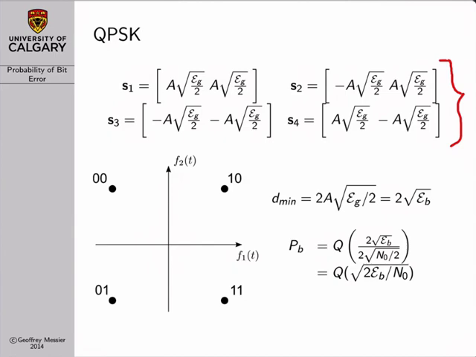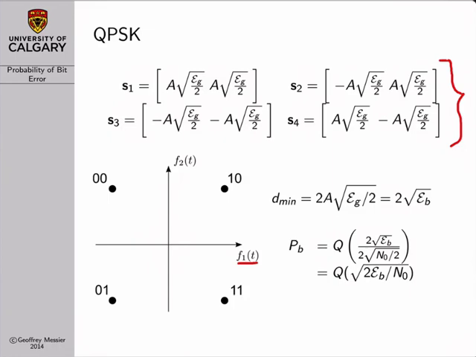So, for example, if we consider first of all the basis function f1, the cosine basis function, we note that when we look at the gray code bit mapping, when the first bit is 1, we are always on the right-hand side of the y-axis. And when the first bit is 0, we are always on the left-hand side of the y-axis. Similarly, if we look at the second bit, when the second bit is 0, we're always above the x-axis. And when the second bit is 1, we're always below the x-axis.